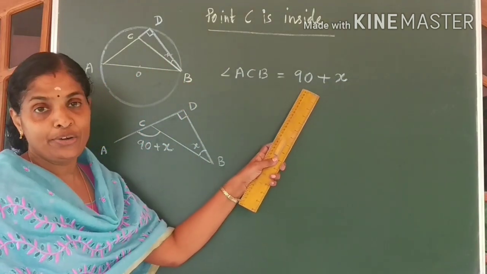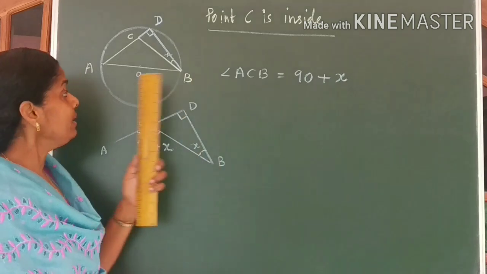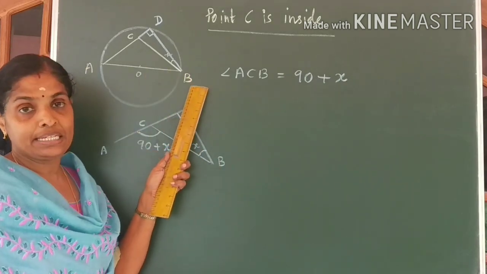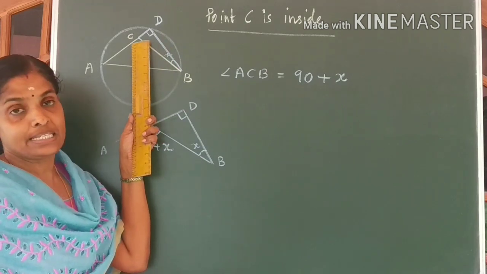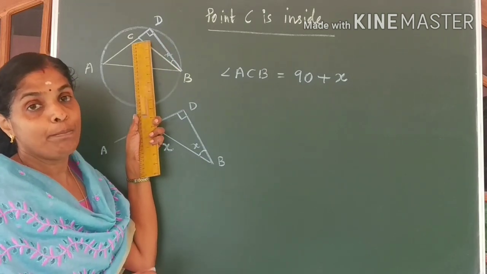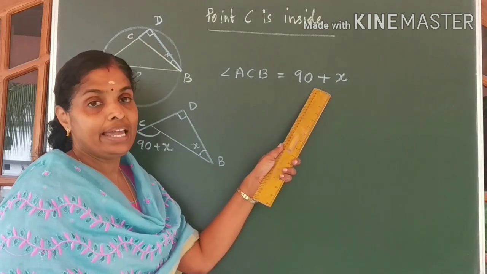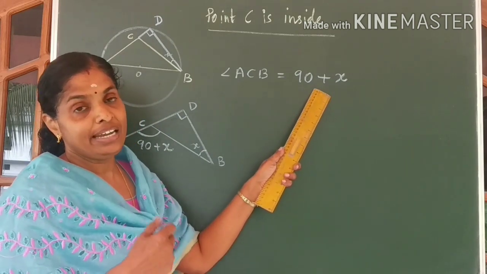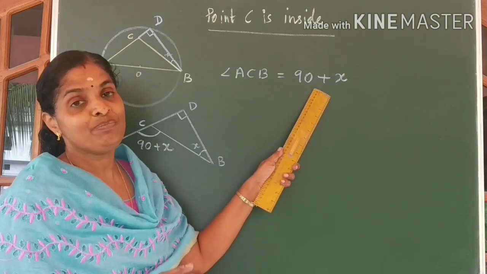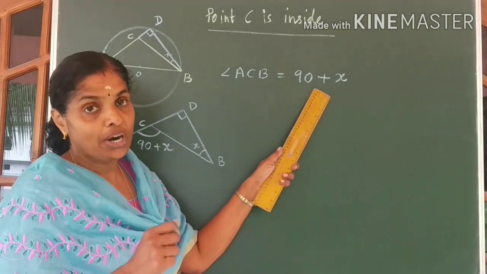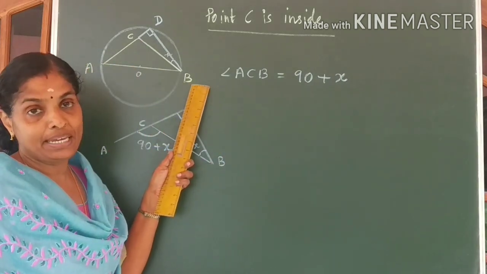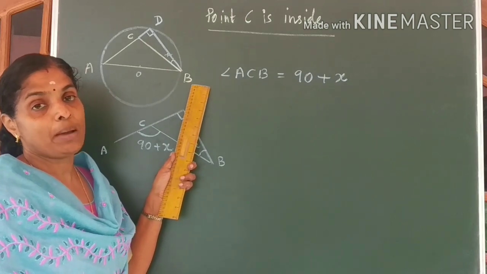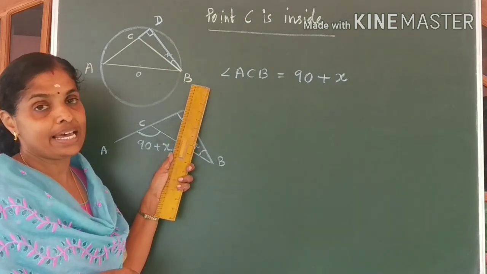From this, what did you understand? If the ends of the diameter are joined to a point inside the circle, the angle made is more than 90 degrees. Now we have one more idea. If so, what happens if the end points of the diameter are joined to a point outside the circle?